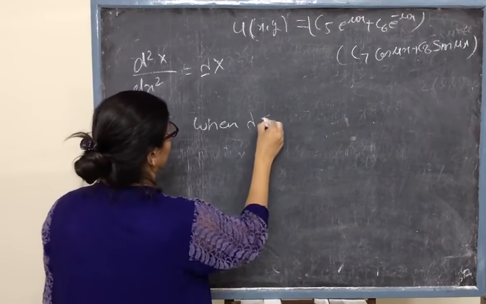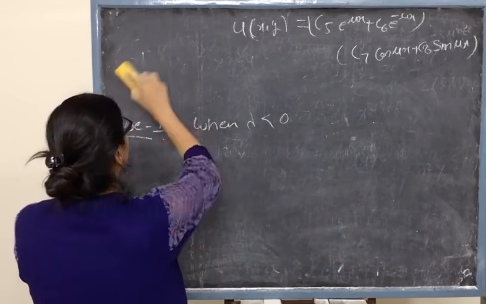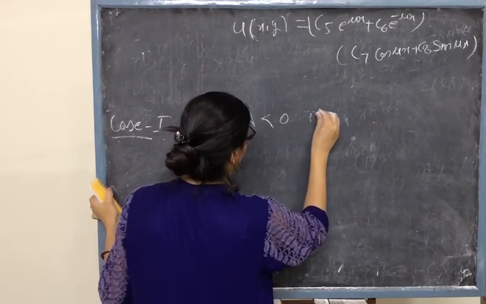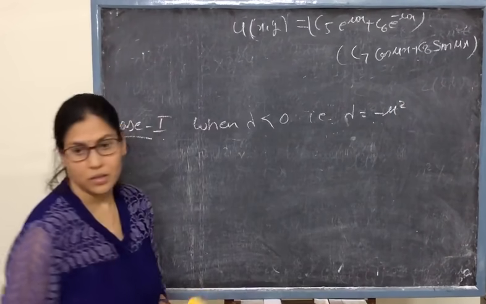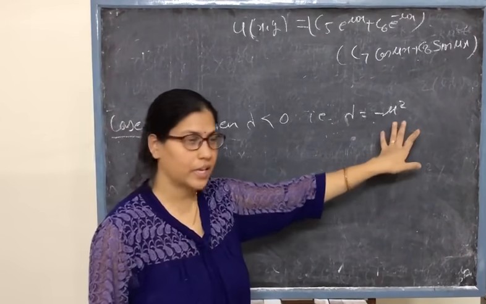Now we go to the third case, when lambda is less than 0. We can say lambda equals minus μ², which is always negative.